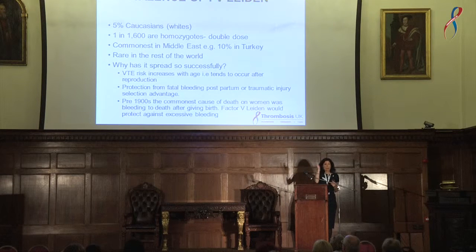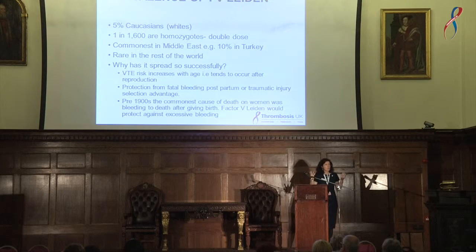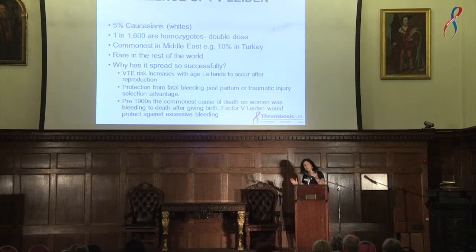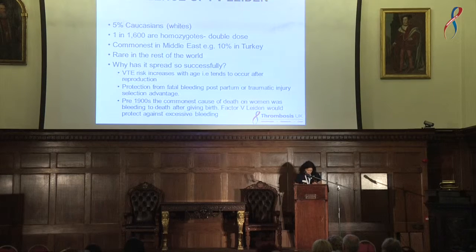As you come out across Western Europe, in France it's about 5%, in the UK it's about 5%, and in between those countries, it's midway. But it's rare in the rest of the world, so not in Africans, not in Asians, not in Indians. And the question is, why has it spread so successfully? There must be an advantage to it.